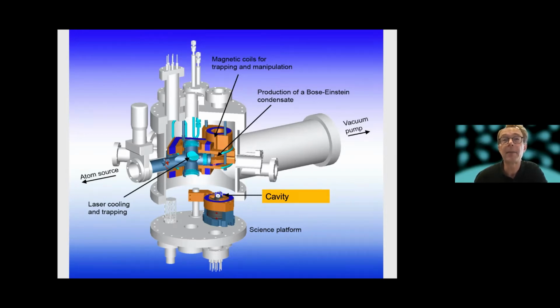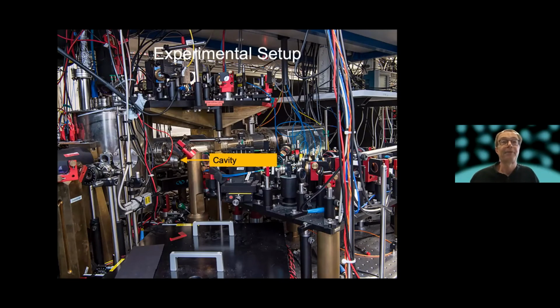So the bigger chamber is the ultra-high vacuum, and then inside there is a not so good vacuum with a magneto-optical trap, but that gives us very short transport distances. And then there is a cavity here, and the whole system is cooled down to -80 degrees to get good enough vacuum with all our coils and everything in the vacuum. But it works very nicely. And that's what it looks like from outside, and you see where the cavity is.